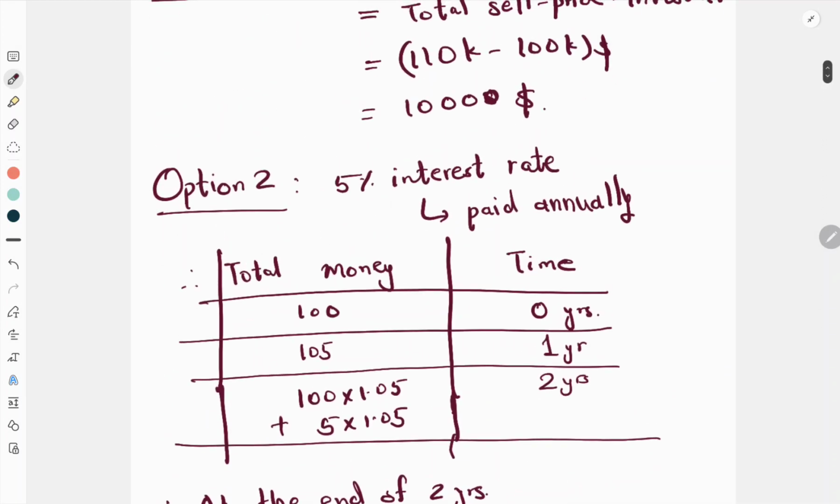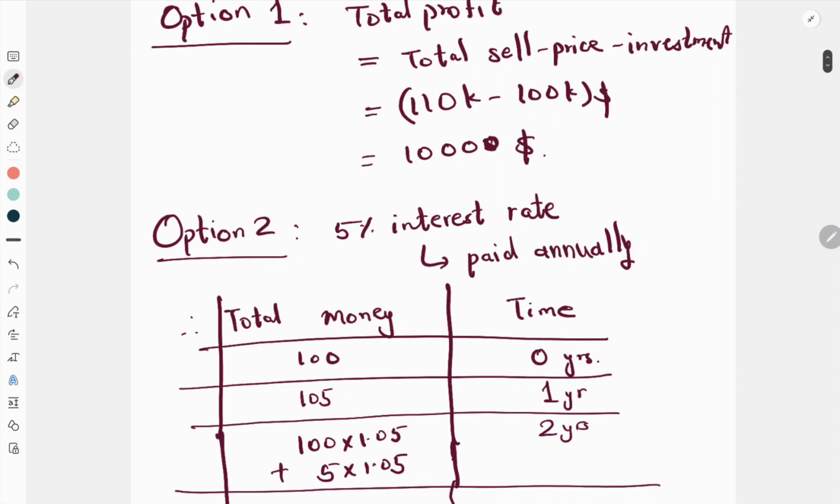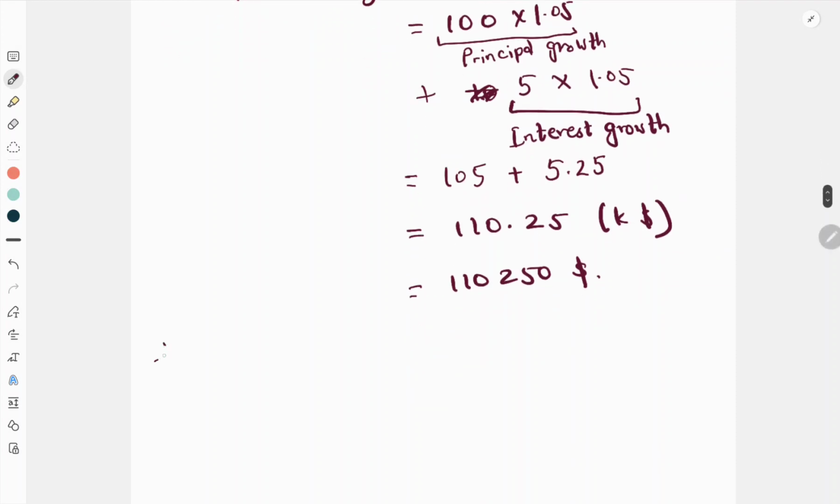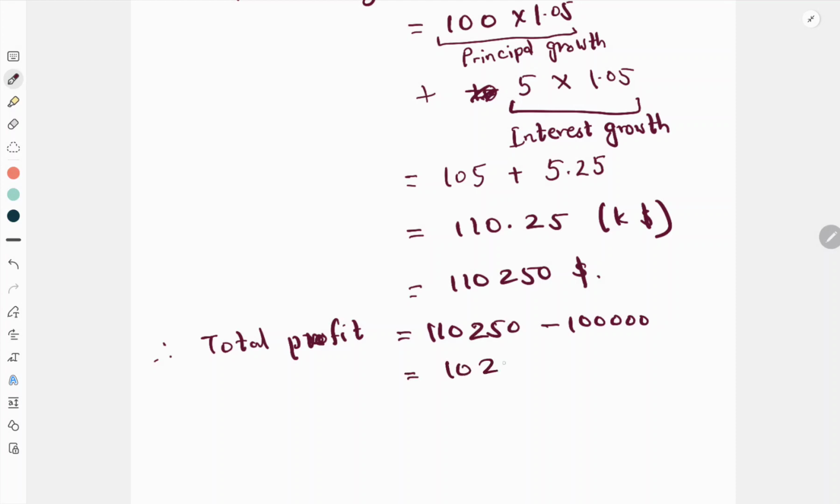So let's compare what happened in the first case. This was a total benefit, or the total profit was $10,000, whereas in the second case, total profit is your total final amount 110,250 minus 100,000. That's your starting value, which is $10,250.